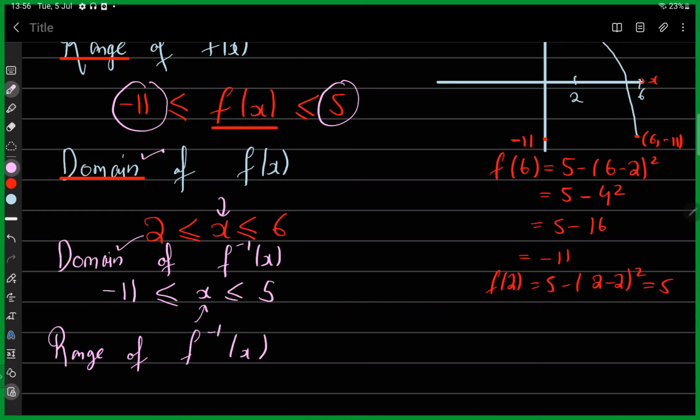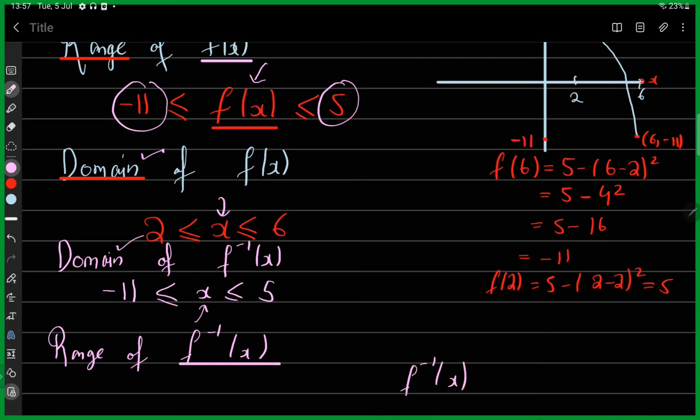Now, we are talking about the range of the inverse function. Here we were talking about the range of this value, so we had f of x here. Now we are talking about the range of f inverse of x, so I'll write down f inverse of x. And the upper and lower limits would come from where?